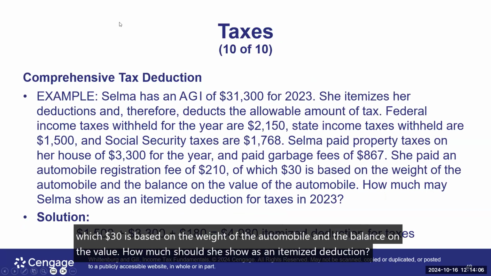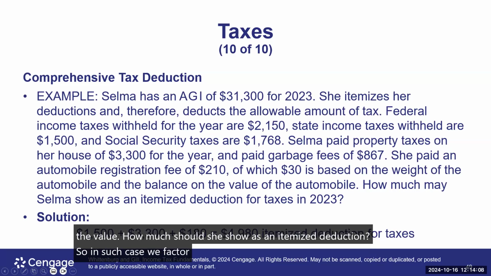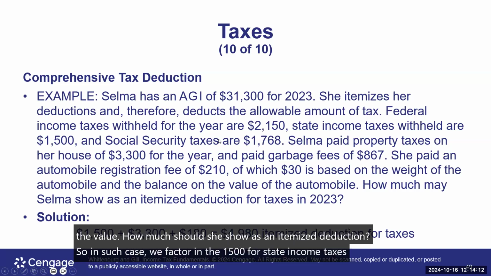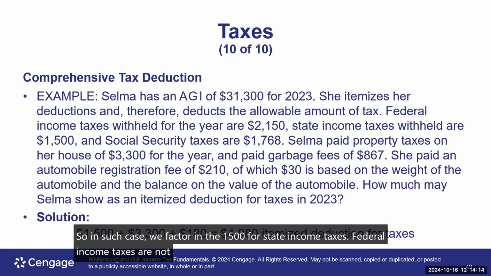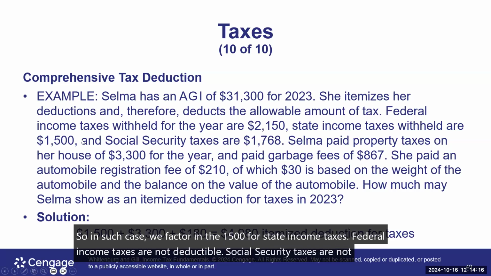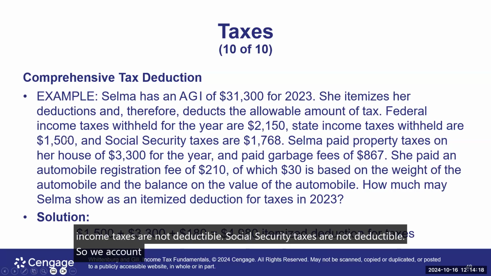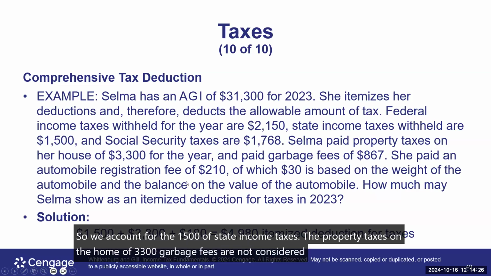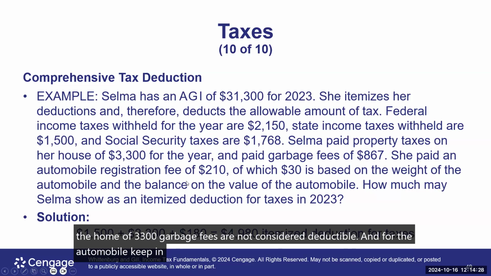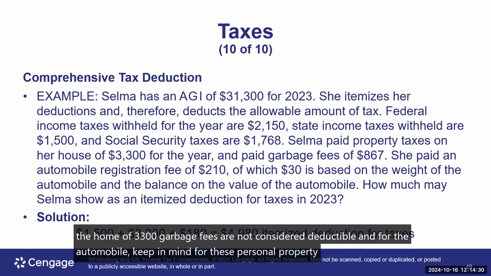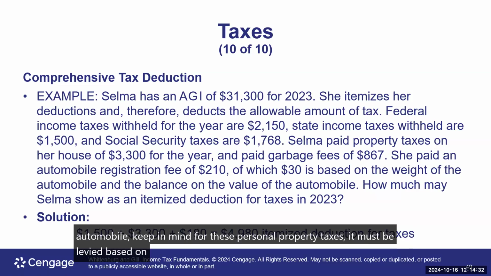So in such case, we factor in the $1,500 for state income taxes. Federal income taxes are not deductible. Social Security taxes are not deductible. So we account for the $1,500 of state income taxes, and the property taxes on the home of $3,300. Garbage fees are not considered deductible. And for the automobile, keep in mind, for these personal property taxes, it must be levied based on the value of the property.